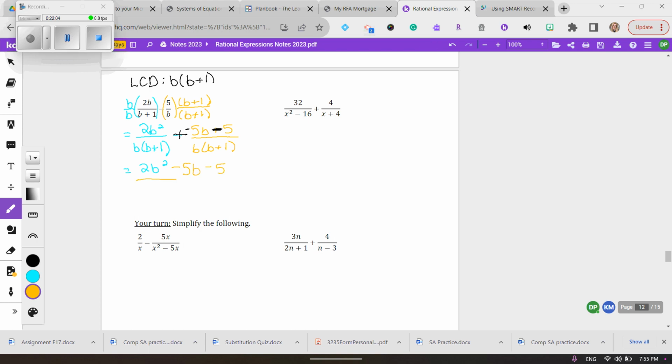Minus 5 all over top of b times b plus 1. Lovely. There are no like terms there, so that is my final answer. State my non-permissible values. B cannot equal 0 or -1.